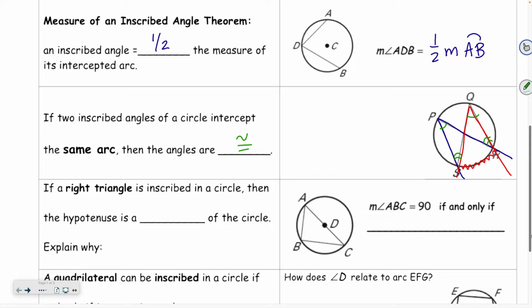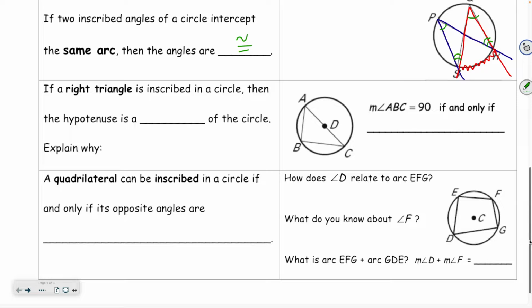This next one seems easy, but we kind of forget by the time the test comes around. If a right triangle is inscribed in a circle, inscribed means it's inside a circle and the vertices are all on the circle, then the hypotenuse is a blank of the circle. A diameter. Because if this is a right angle, this is inscribed. This is a semicircle, and it's half of the semicircle, which is 90.